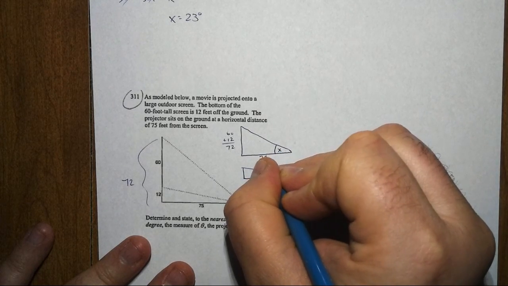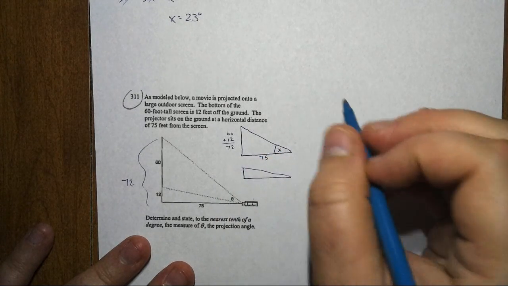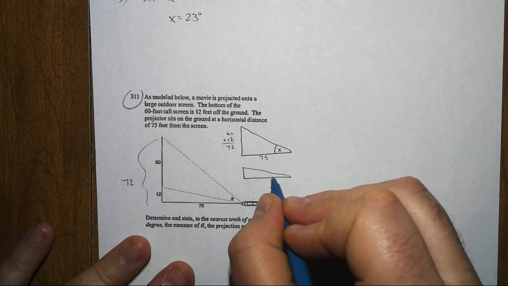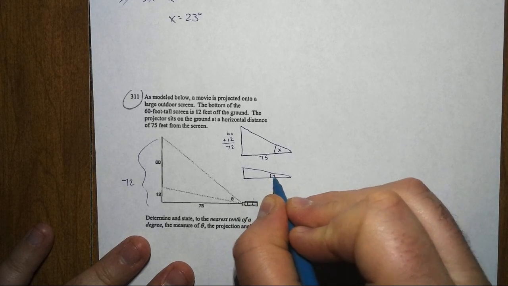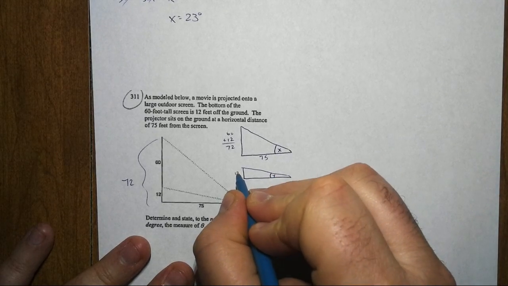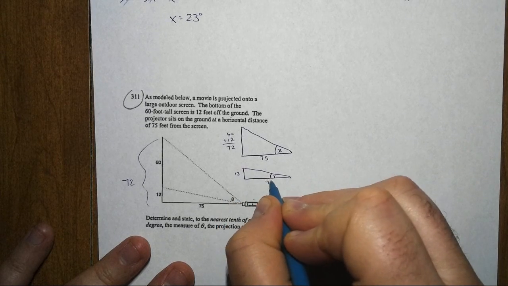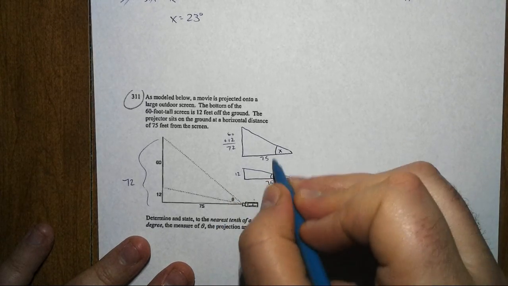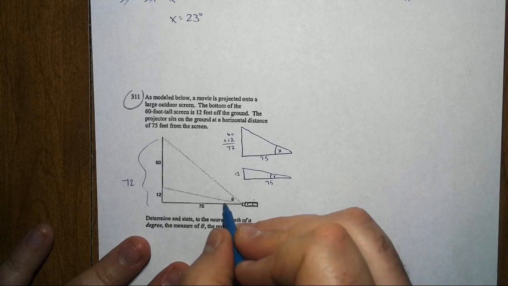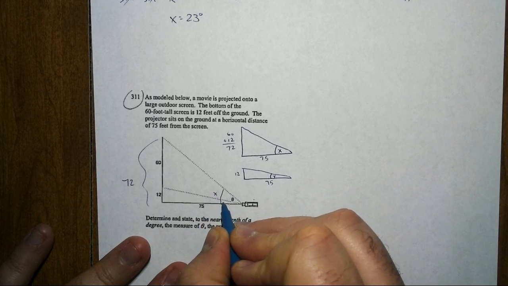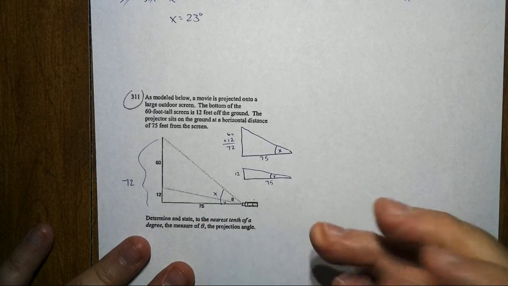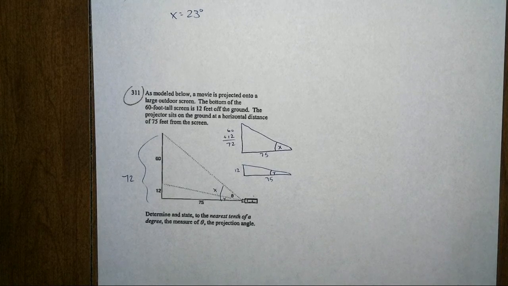Remember, this is still 75 feet from the screen. In the small triangle, we have this angle, which we'll call y, and here we have a height of 12 and a distance of 75. If we can just figure out the measure of the two angles, this being x and that being y, the difference is theta. And that's it. That's essentially how you have to do to solve that.